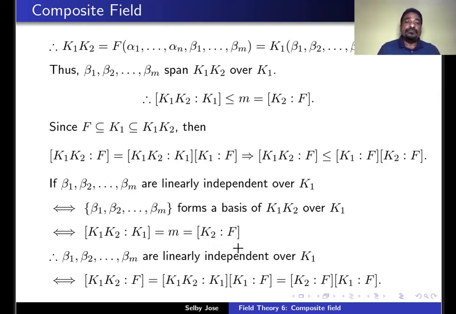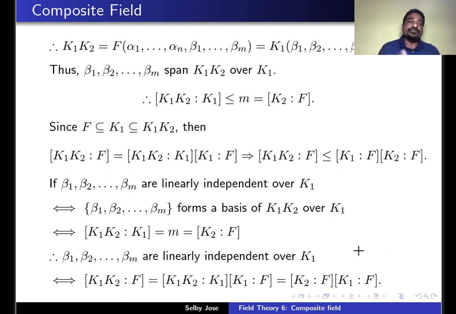Therefore, by the degree of the tower of extension formula, the degree of the extension K1K2 over F is equal to the degree of K1 over F times the degree of K2 over F. That means we have proved that if beta 1, ..., beta m are linearly independent over K1, then the equality holds.